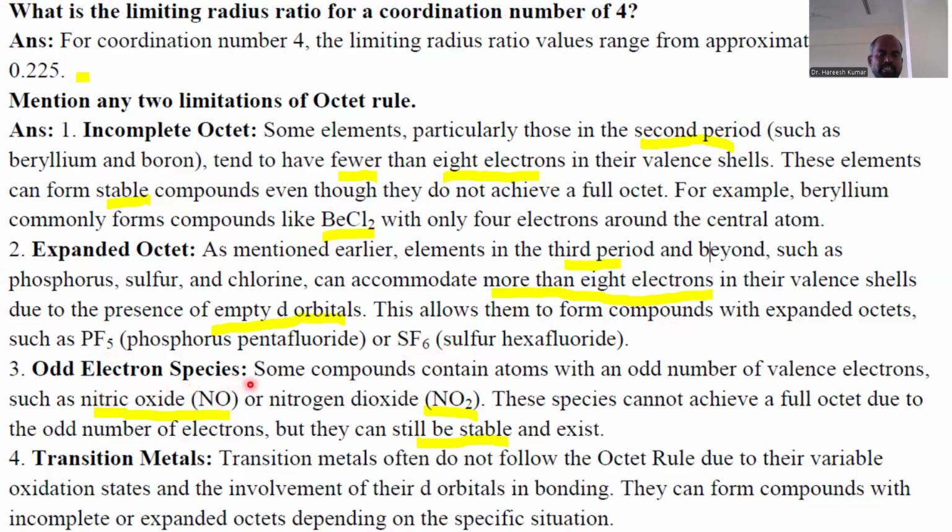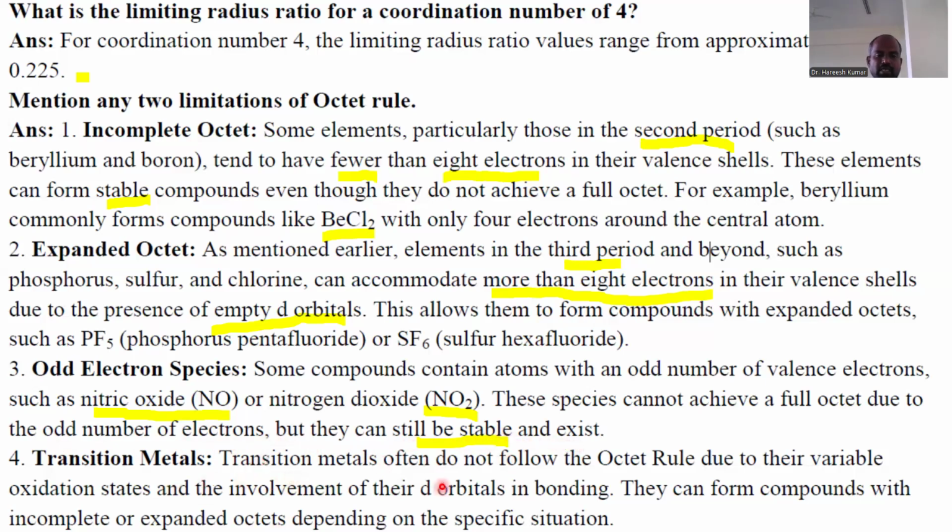Odd electron species. Some compounds contain atoms with an odd number of valence electrons, such as nitric oxide, NO, and nitrogen dioxide, NO2. These species cannot achieve a full octet due to the odd number of electrons, but they can still be stable and exist.